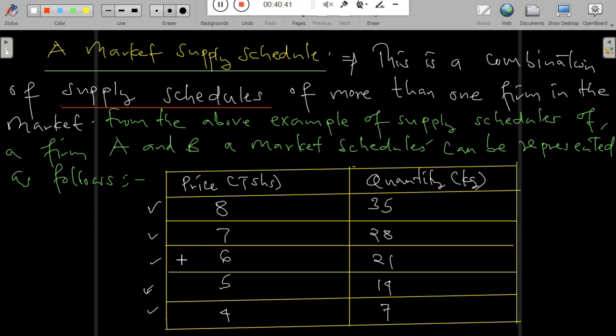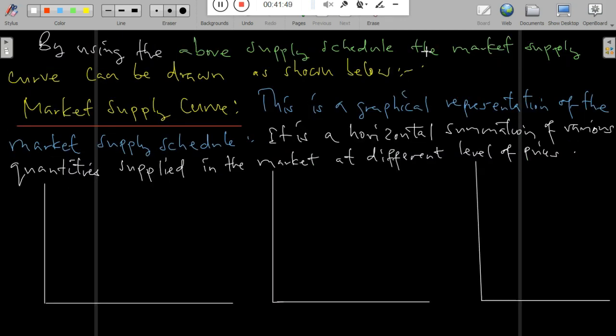The same applies when you take 9 plus 12, you obtain 21. When you take 6 plus 8, you obtain 14, and 3 plus 4, that is 7. So when you combine the two individual supply schedules for firm A and firm B, it produces what you see over here. By using the above supply schedule, the market supply curve can now be demonstrated.